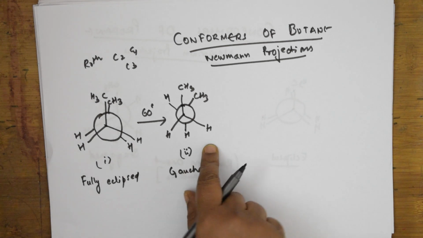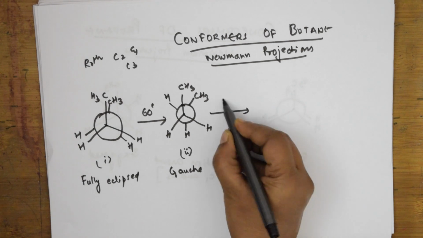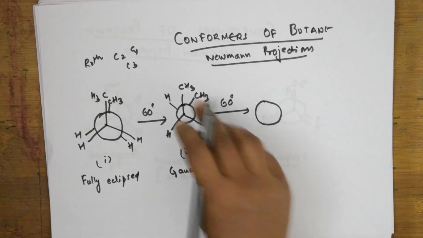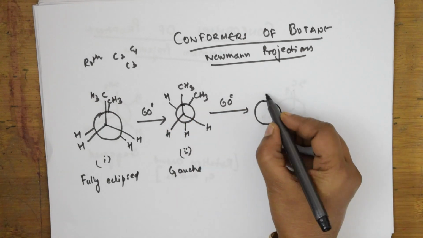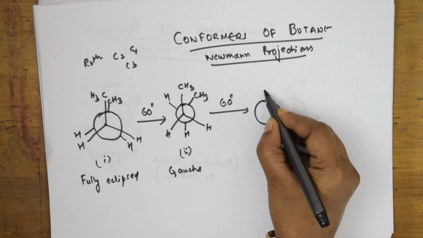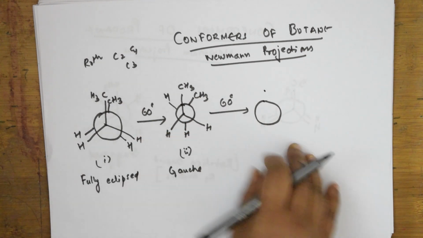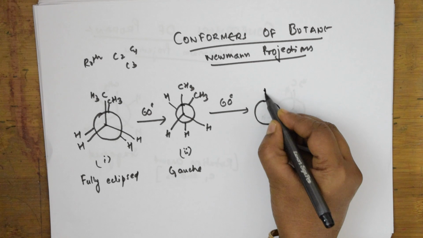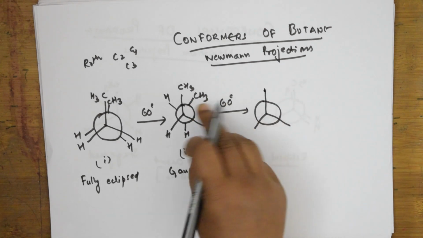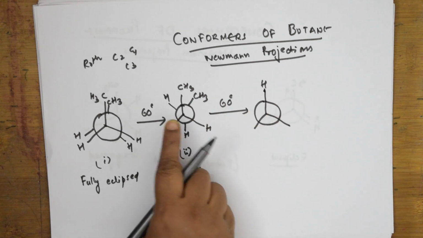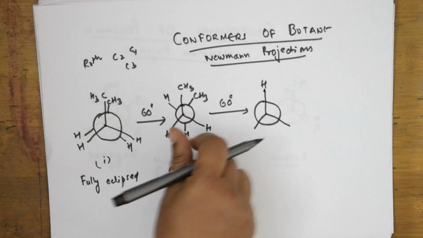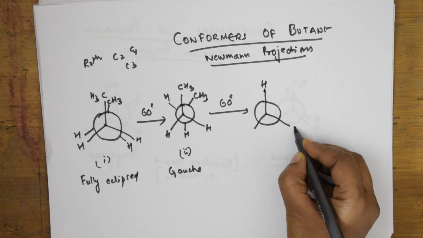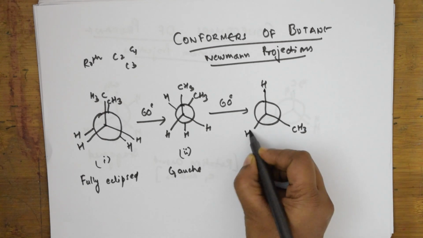Now the same, I am going to rotate it by 60 degree again. You're rotating it like this. So first this hydrogen comes here because you're rotating this part, and the CH3 group comes here, one more hydrogen here.